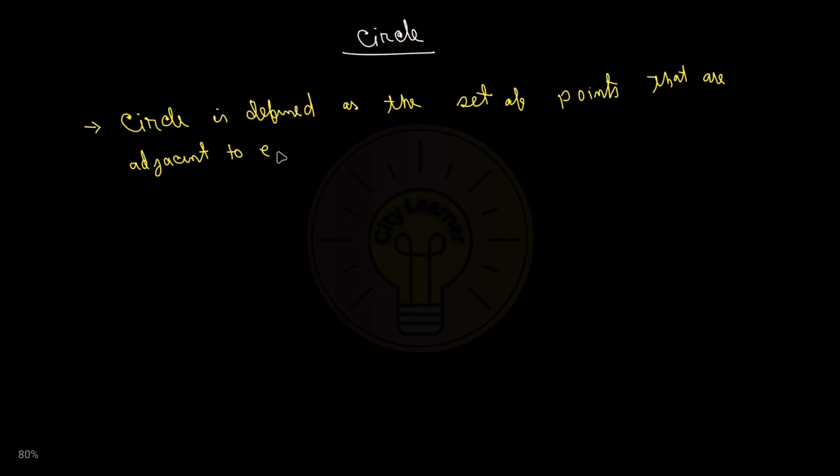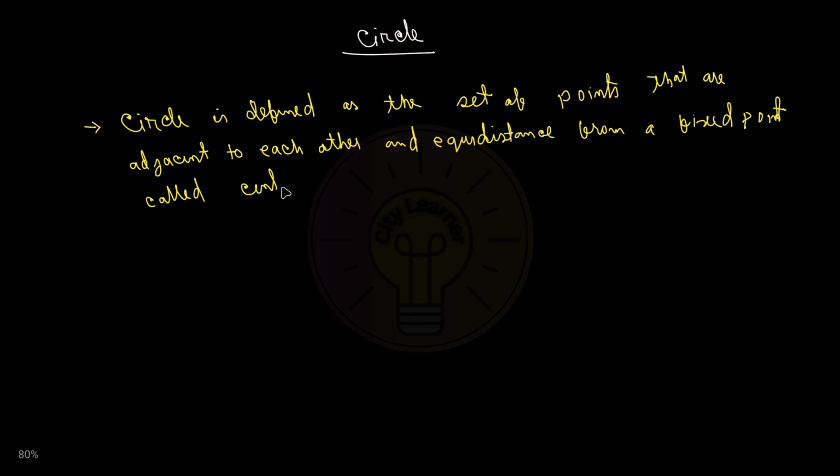That means a circle is nothing but a set of points which are equidistant from a central point. That central point is called the center. So it is a set of points which are equidistant from a central point or fixed point.